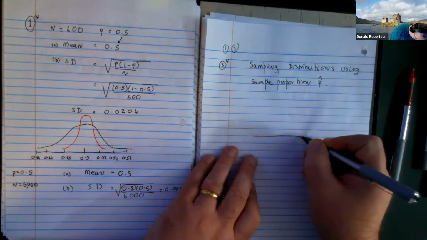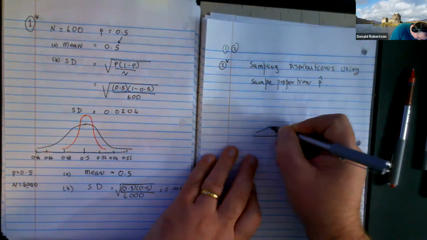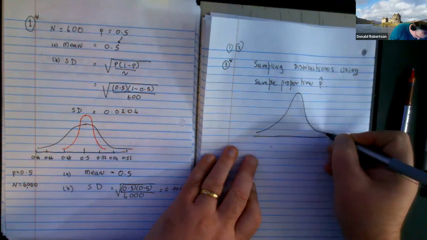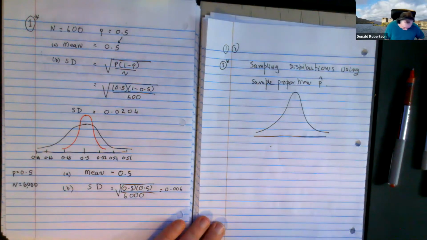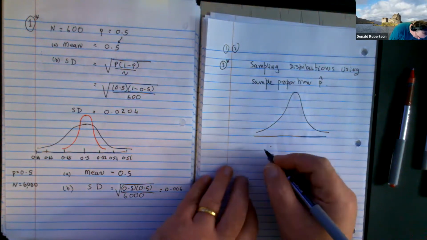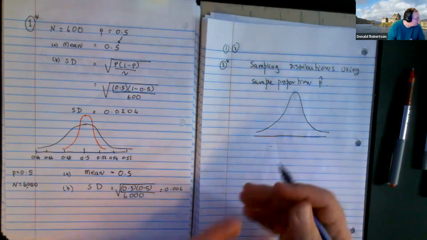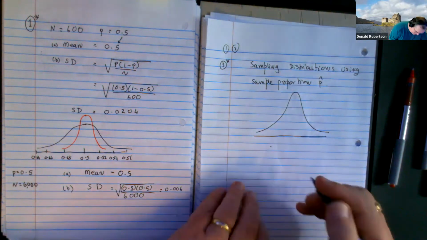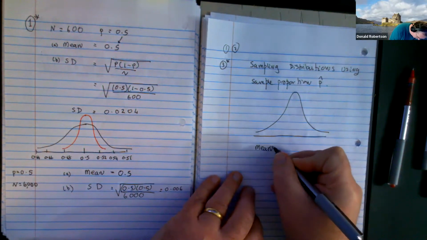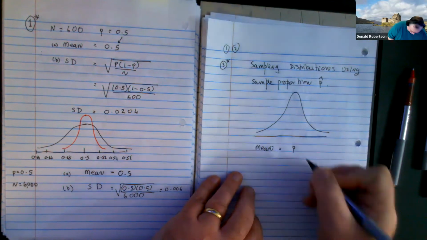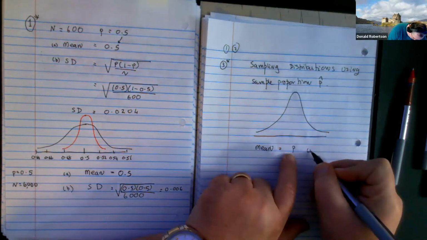Well, it's normal. What do we know about it? Well, we know that its mean should be p, although now p is unknown.